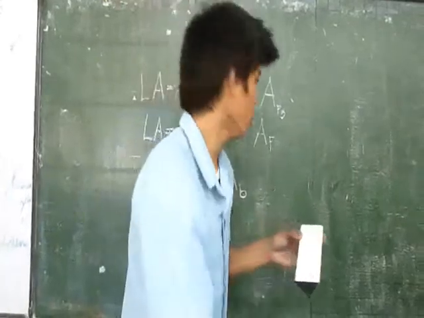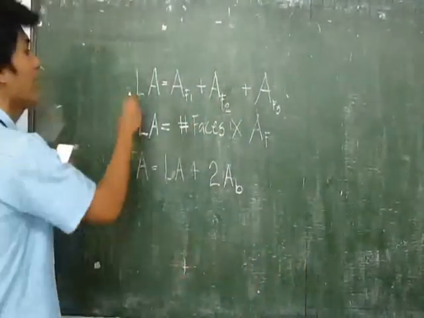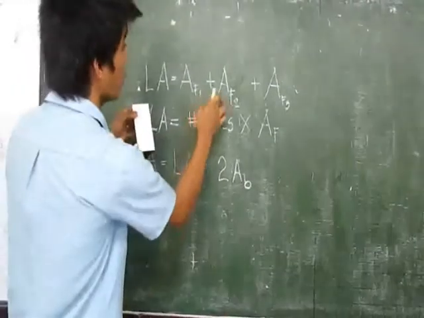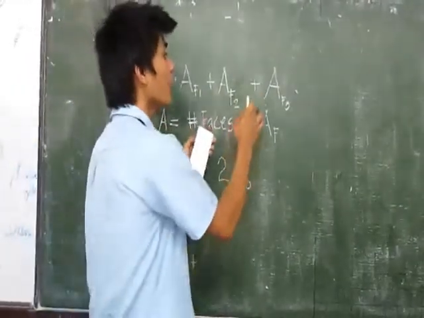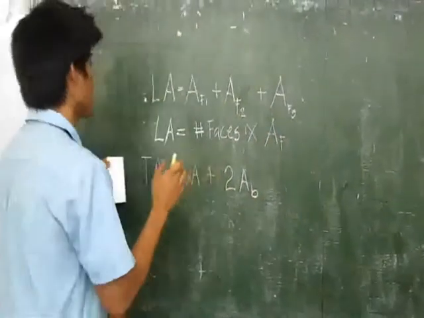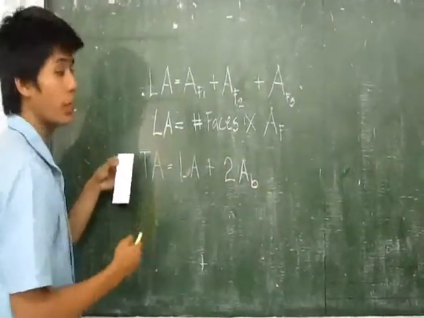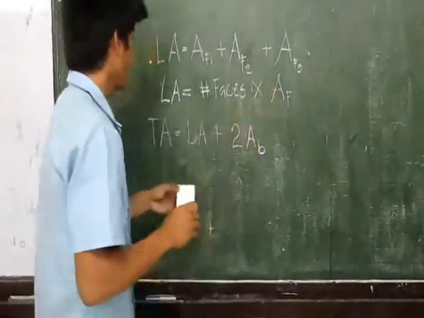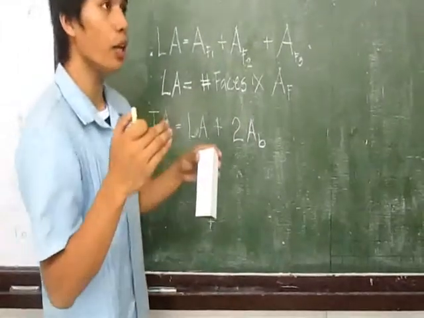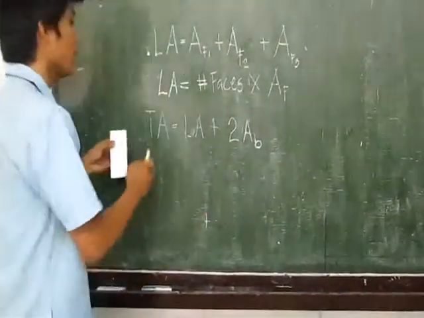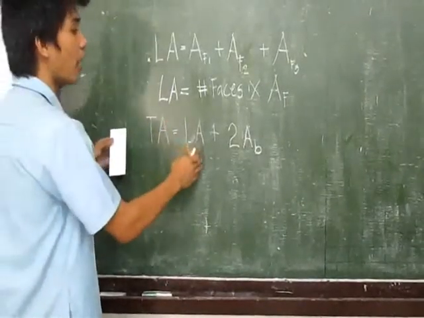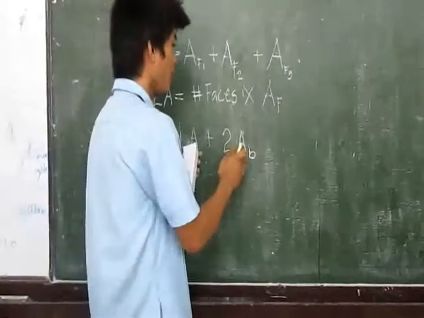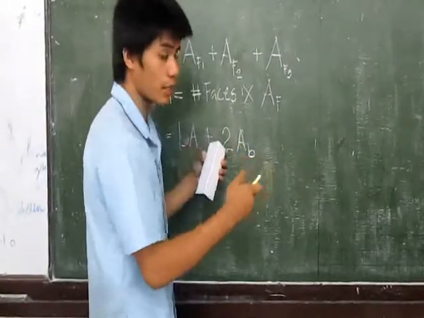So our formula is: the lateral area is equal to the area of face 1 plus the area of face 2 plus the area of face 3, or simply the lateral area is equal to the number of faces times the area of a face. Then the formula of total area is the lateral area plus, since we have 2 bases, 2 times the area of our bases.